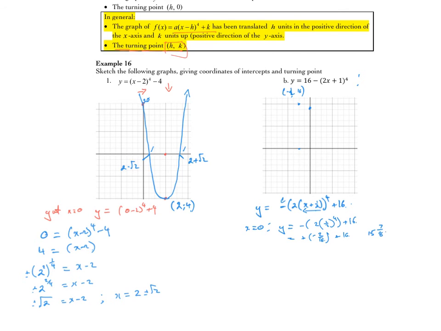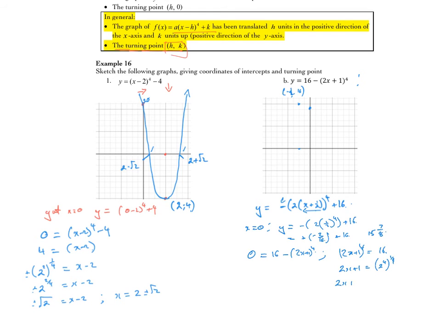We'll find our x-intercept, so put y equal to 0. Even if I start with the original function, I'll have 0 is equal to 16 minus 2 times (x plus a half) to the 4. So therefore we get 2x plus 1 to the 4 is equal to 16. If I take the 4th root of everything, that's going to be the same as 2 to the 4 to the 1/4, which is just 2, plus or minus.